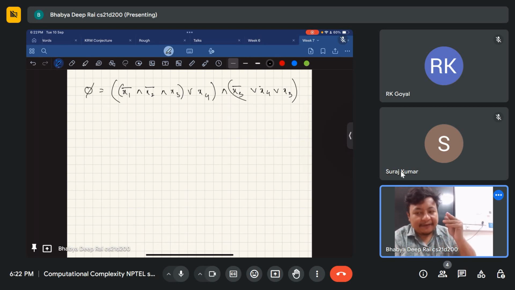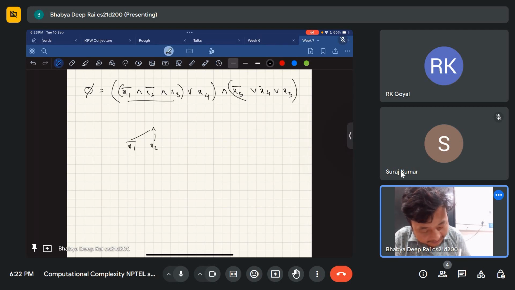If I can write it as a Boolean formula, that same Boolean formula I can translate into a tree-like representation. So if you give me a representation in such a way, it's always a formula. Why? Because I can write it as x1 bar and x2 bar and x3 or x4, and or of x3 bar, x4 bar, x4, x3.